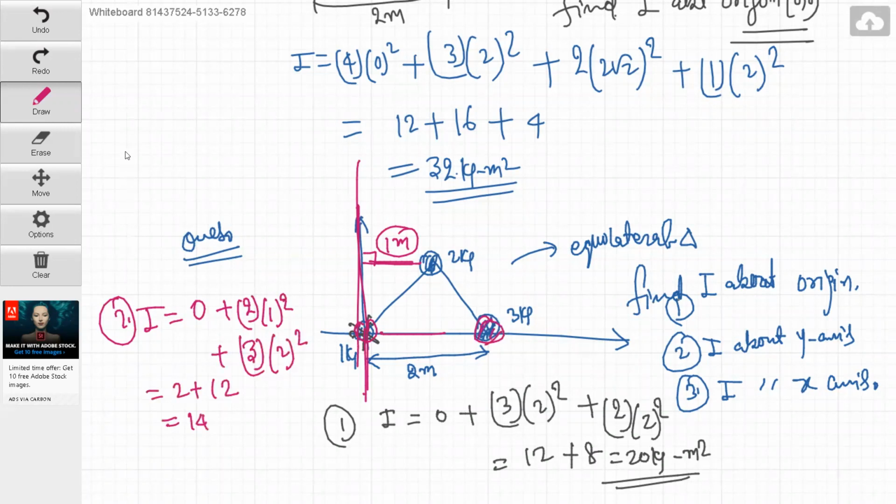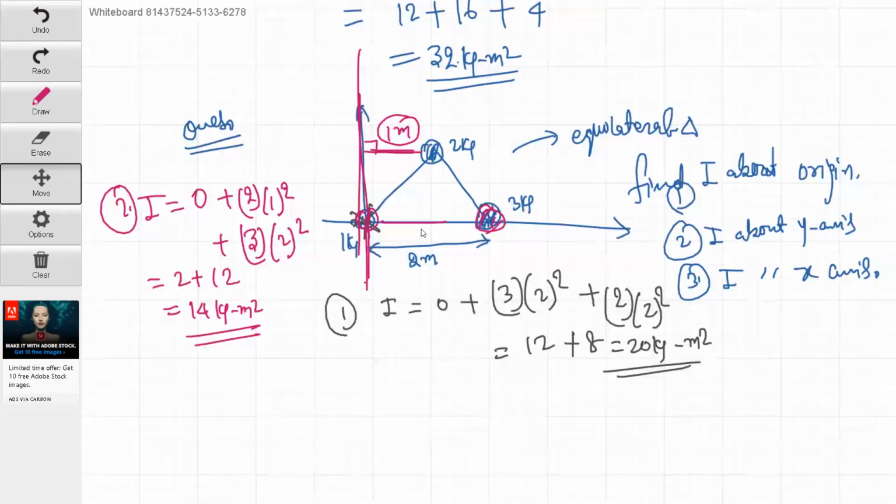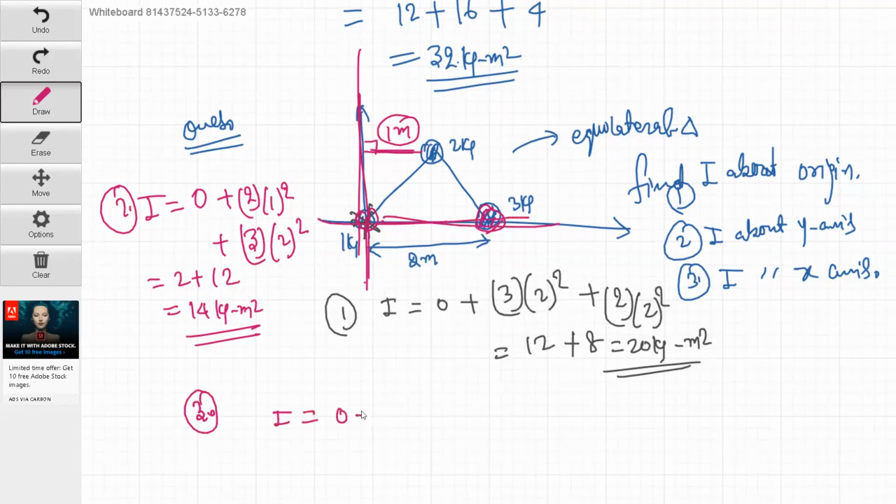That is equal to 14 kg meter square. Is this all right? Now, third one, the moment of inertia about the x-axis. So the moment of inertia due to 1 kg will be 0 because that is on the x-axis, so its perpendicular distance from the x-axis will be 0.